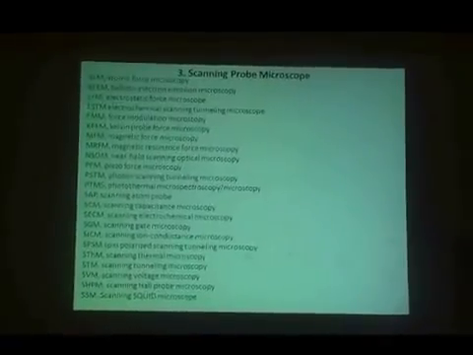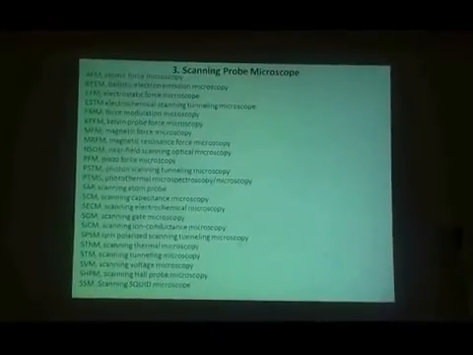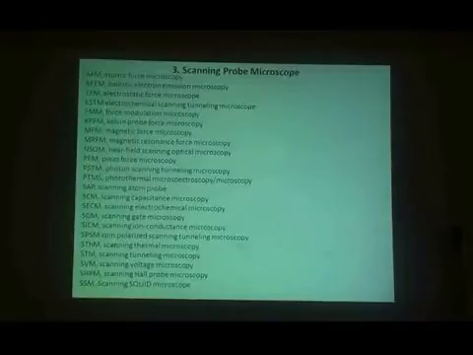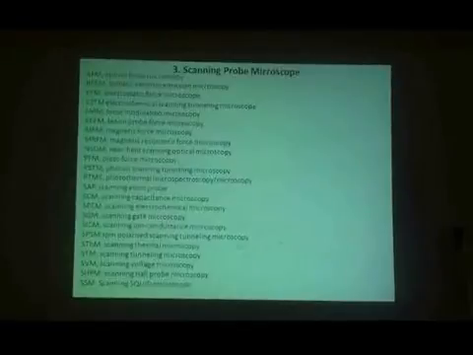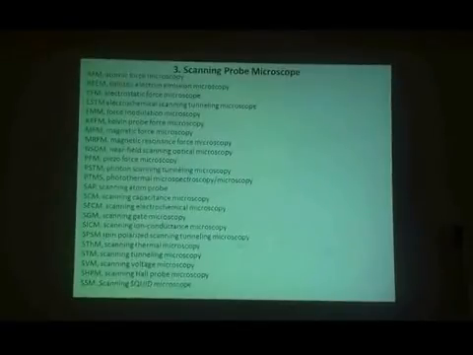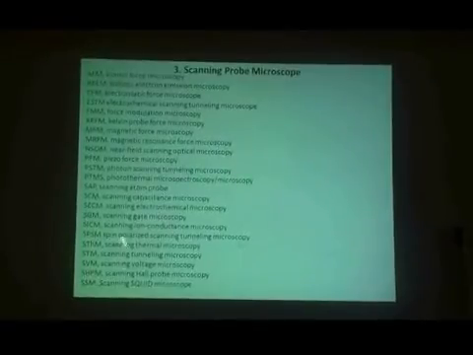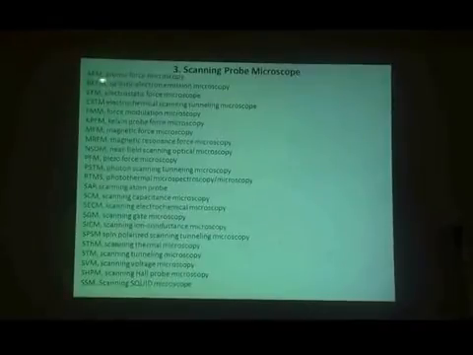If you consider the scanning probe microscope, this is a very vast topic actually. If you look into the different types of scanning microscopes by function, almost 25 to 30 modes are available with scanning probe microscope. The first and most major one is the atomic force microscope, and then you have scanning tunneling microscopy, which will give you the morphology of the material.